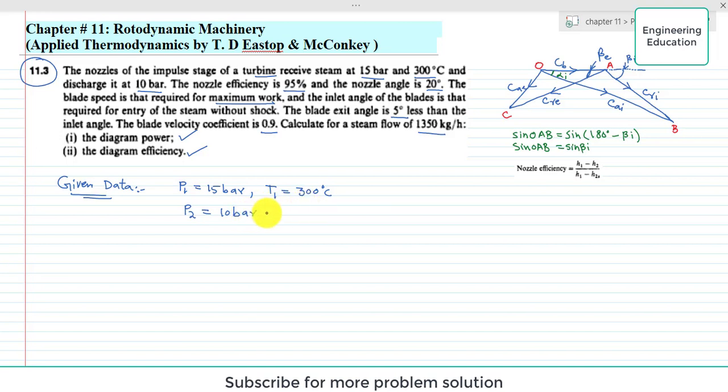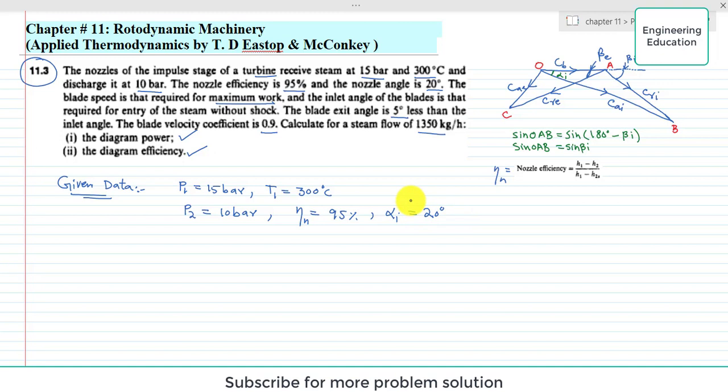The nozzle efficiency is 95%, while the nozzle angle alpha I is 20 degrees.